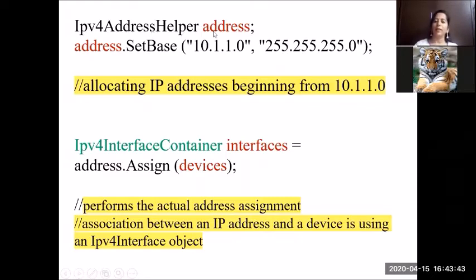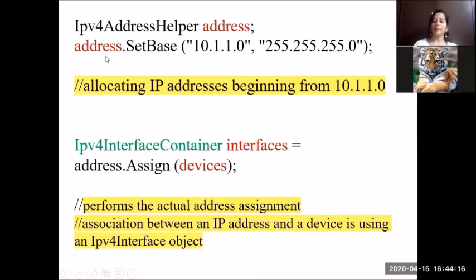Just invoke that and declare an object of type address. This name is optional. You can give whatever name you want here. So this is compulsory. Whatever is available, you have to use. So IPv4 address helper is the name of the class, which will help me to assign and manage addresses. So I'll call that class and I'll declare an object with name address.